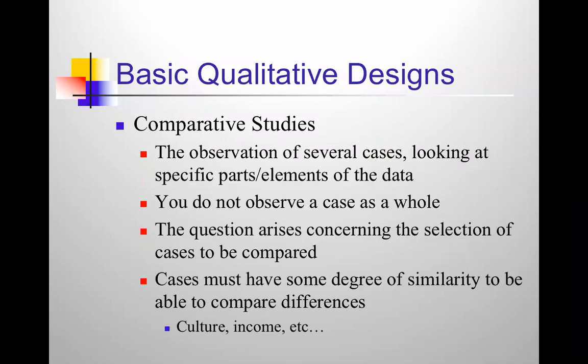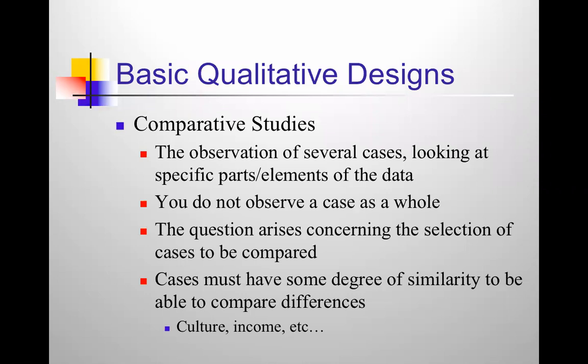Comparative studies is the observation of several cases and then comparing those cases with each other. You don't observe a case as a whole. The question arises concerning the selection of cases to be compared. You don't want too many, but you don't want too few. Cases have to be somewhat similar and able to compare differences in terms of maybe some demographic similarities, but you don't want them too similar.